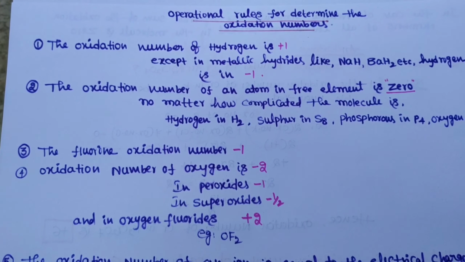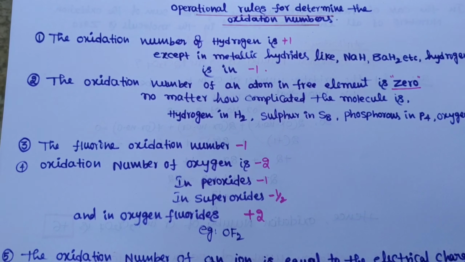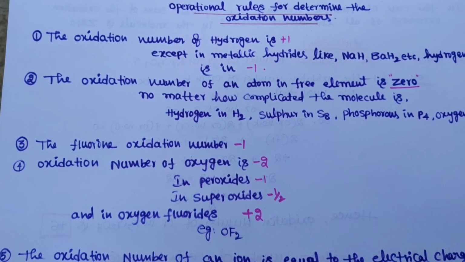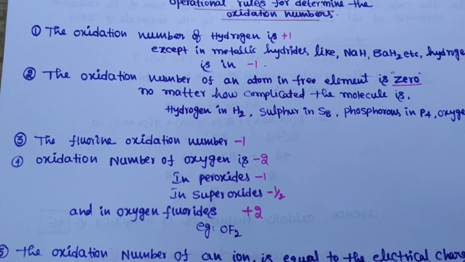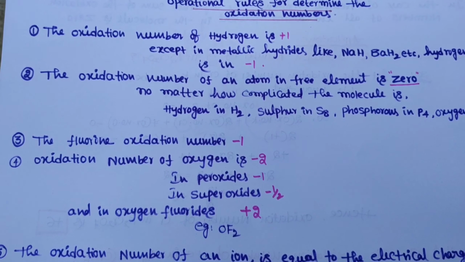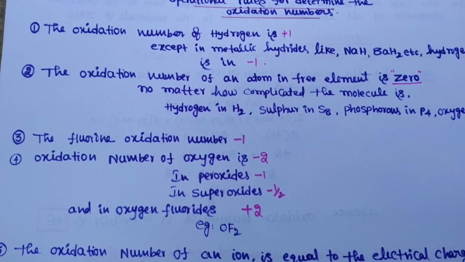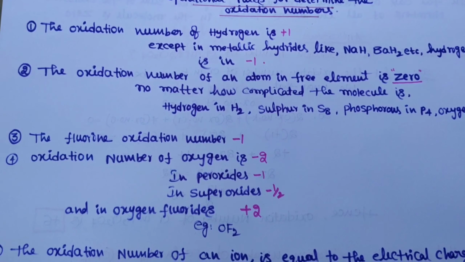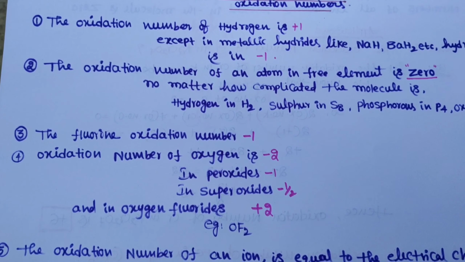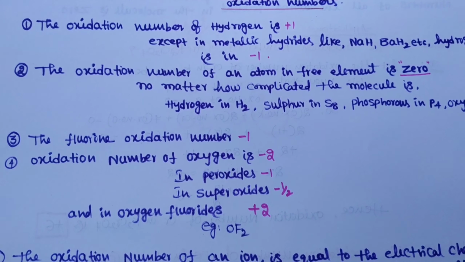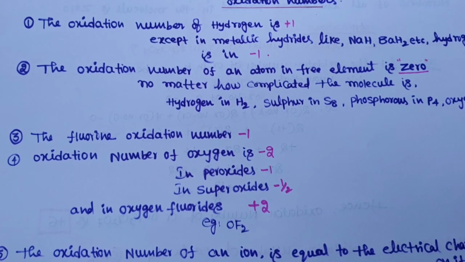Rule number 1: the oxidation number of hydrogen is always +1 in all compounds. But here one exception is there. The exception is metallic hydrides like NaH, BaH2, and so on. Metallic hydrides means a metal combined with hydrogen is called a metal hydride. Here sodium is a metal combined with hydrogen, so it is a metal hydride. In this metal hydride, the oxidation number of hydrogen is -1.